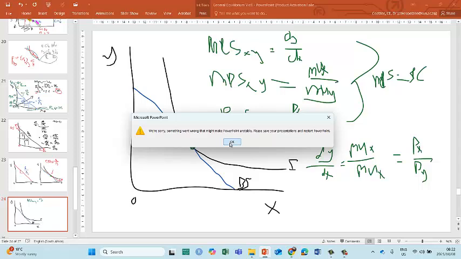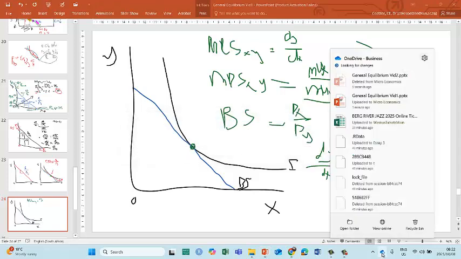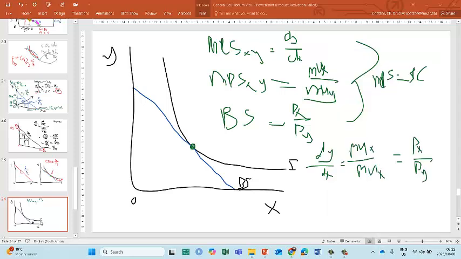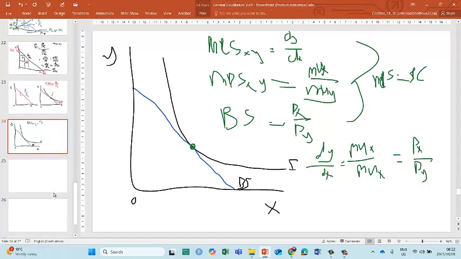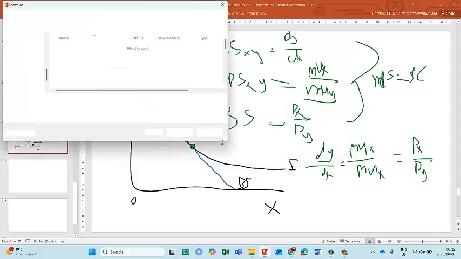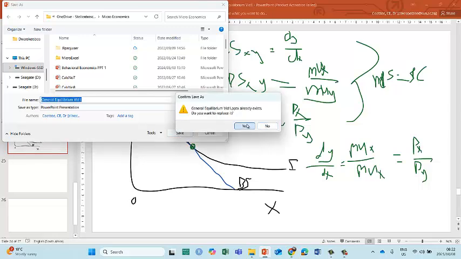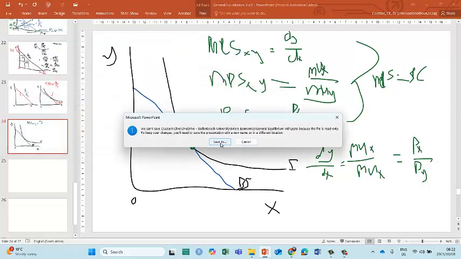Oof, you see, it's unstable. It's saving, so it's not that there's an issue with my OneDrive. It's going to bomb out, I can tell you now. See, it doesn't want to save.